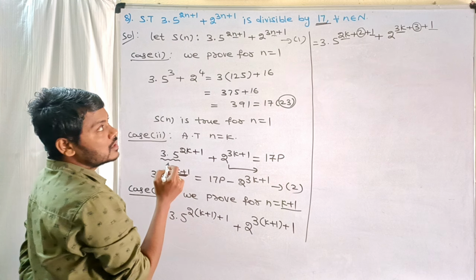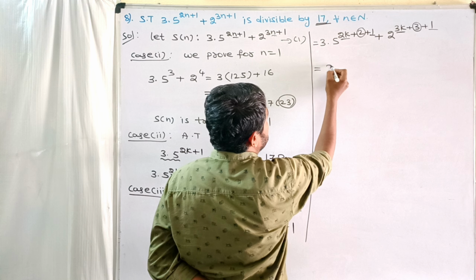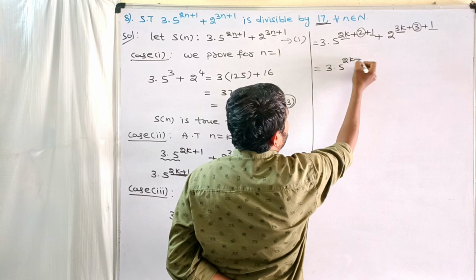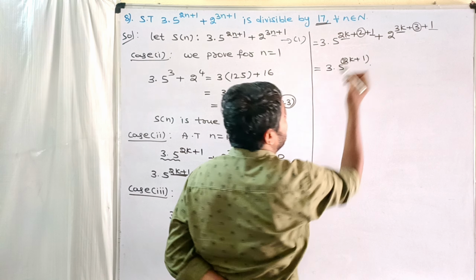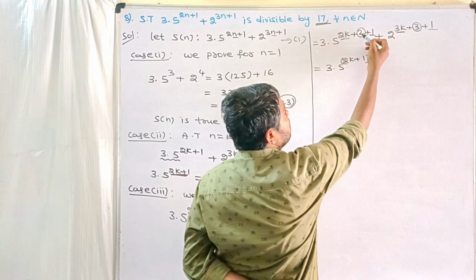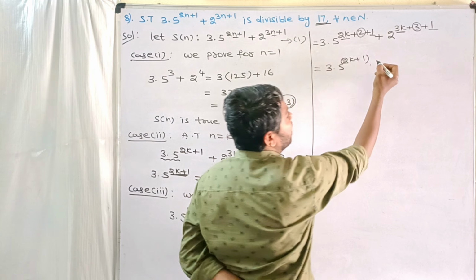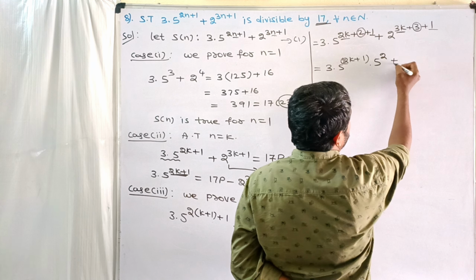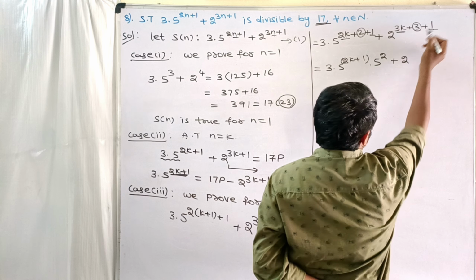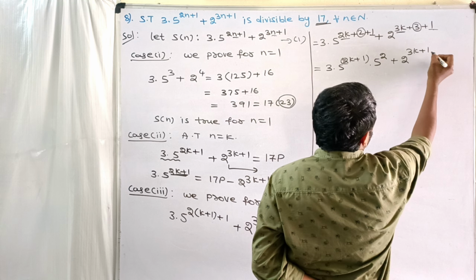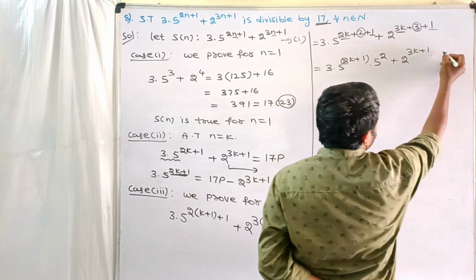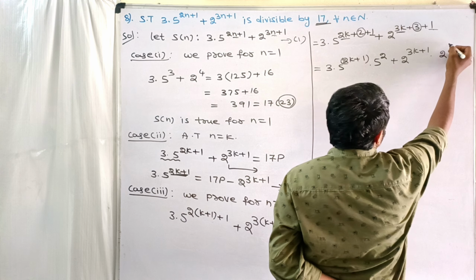So that's why it can be written as 3 into 5 power, write first and last, 2k plus 1. Next 2. This 2 is what? Power of 5. So we can write as 5 square. Again next 2 power, write first and last, 3k plus 1. And 3 is what? Power of 2. That is 2 power 3.